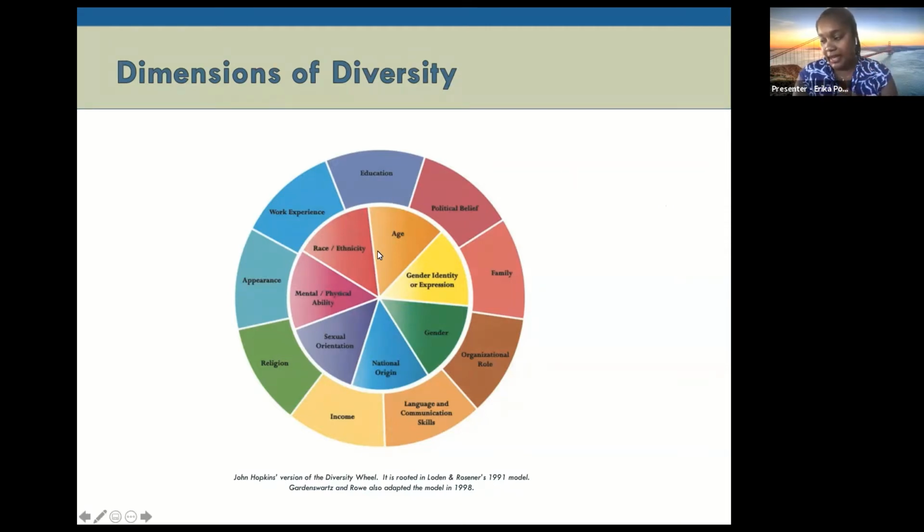And I say that they need to be unpacked because within each of these categories are certain privileges and certain access and, or dare I say, oppressions that exist. What do I mean by that?